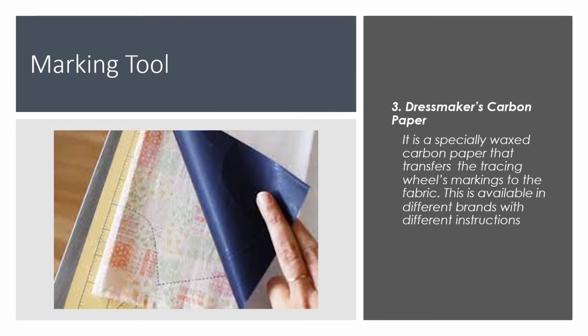Another marking tool is the Dressmaker's carbon paper. It is specially waxed carbon paper that transfer the tracing wheel markings to the fabric. This is available in different brands with different instructions.